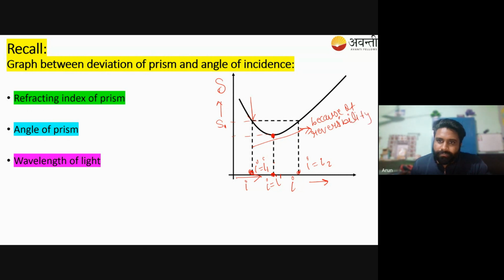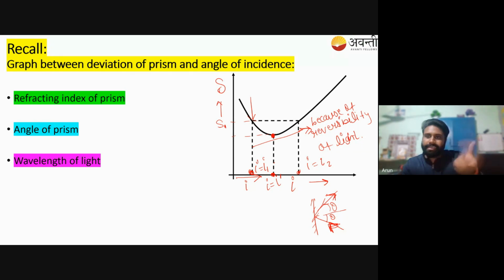Look, if this is a plane mirror, you put the light in this direction, this is the incident ray, and after reflection it goes in this direction. But what if you send the ray in the opposite direction by keeping the angle the same? The ray goes in the same direction as the incident ray. This is the principle of reversibility. You can reverse the direction of light, but it does not deviate from its path.